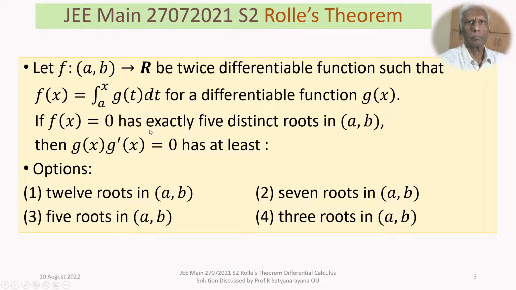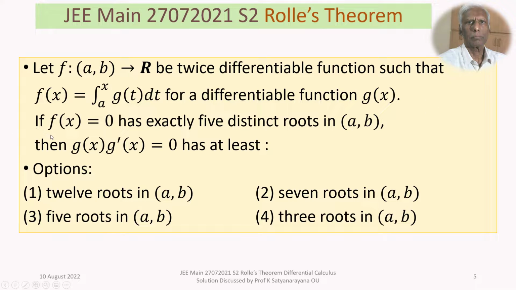We are given a real valued function defined on the open interval (a, b), and it is given that it is a twice differentiable function, and f(x) is defined as the integral from a to x of g(t) dt, where g(t) is a differentiable function.